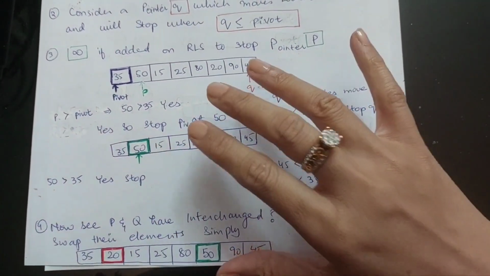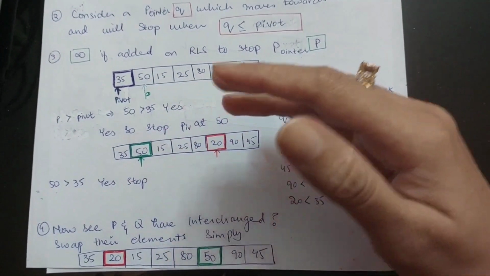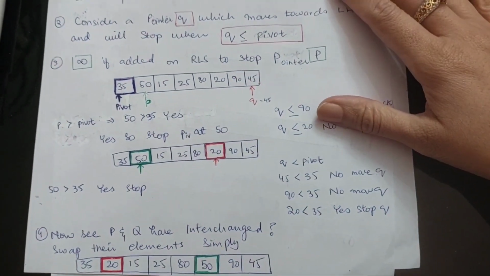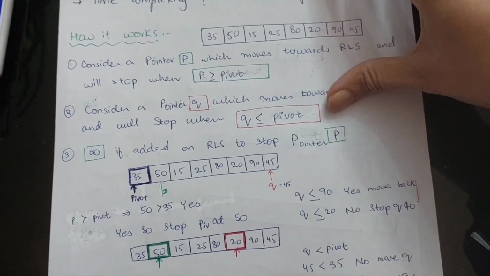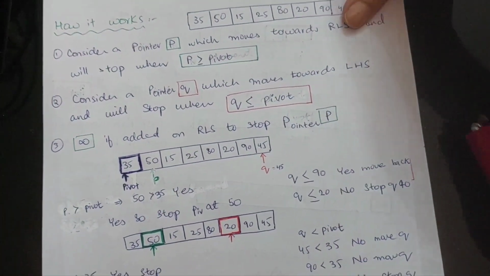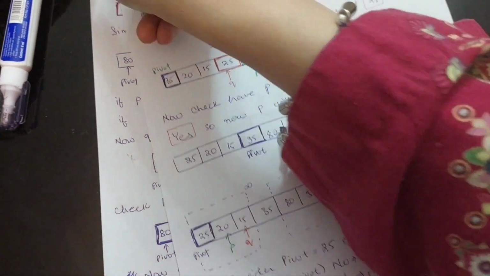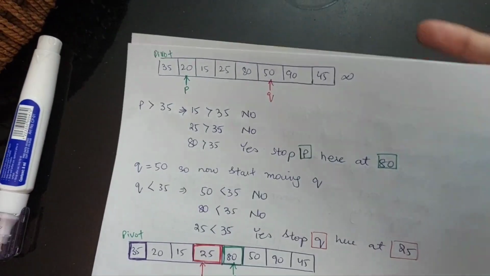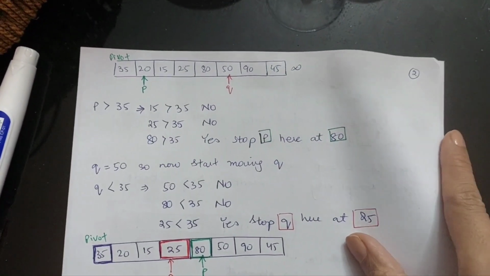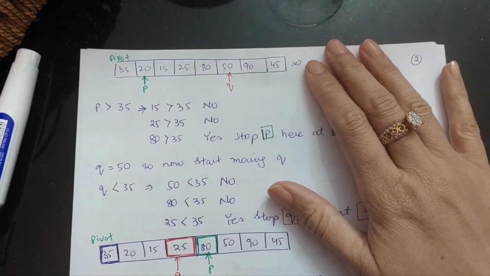You can see that this is not the case. They have not flipped over one another. So if they do not flip over one another, then what we do is we simply replace p with q.